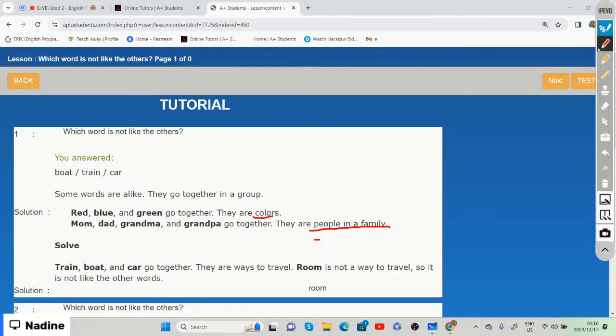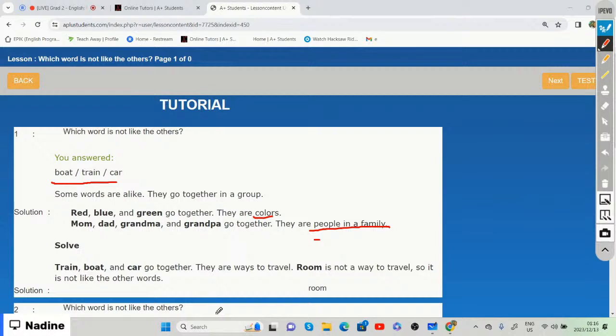And if we look at these words, which are boat, train, and car, right? These are words that go together. So when it comes to boat, train, and car, right? Then we can say that they are related because they're forms of transport.